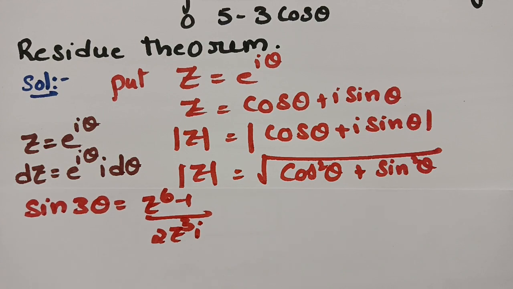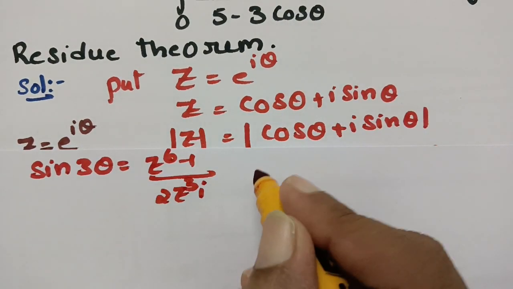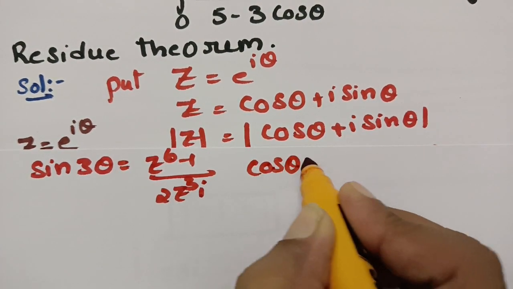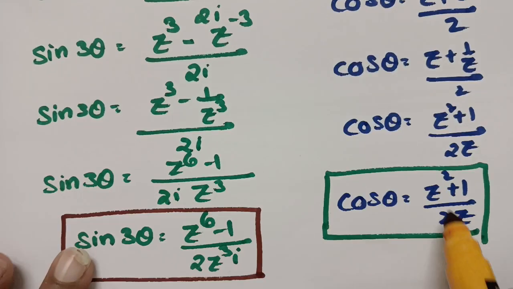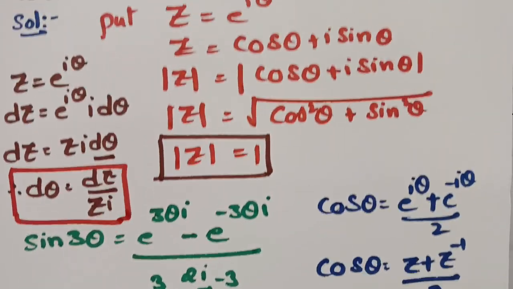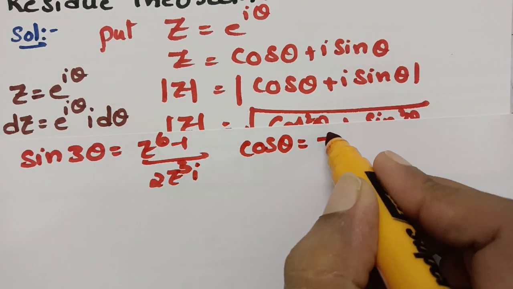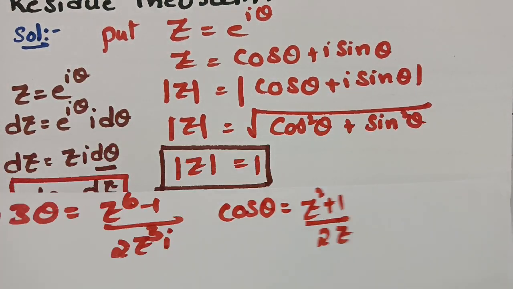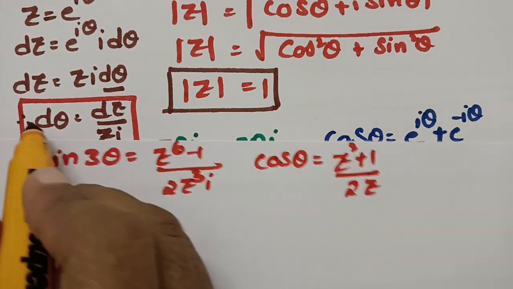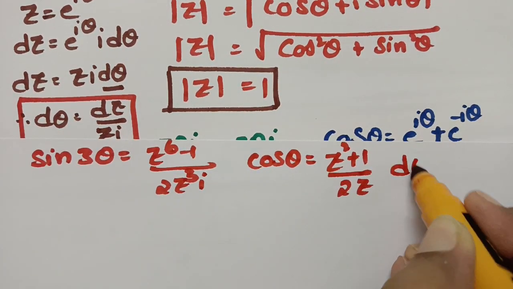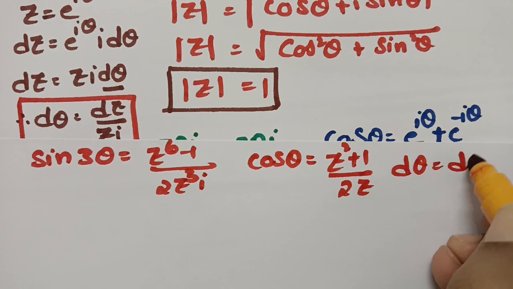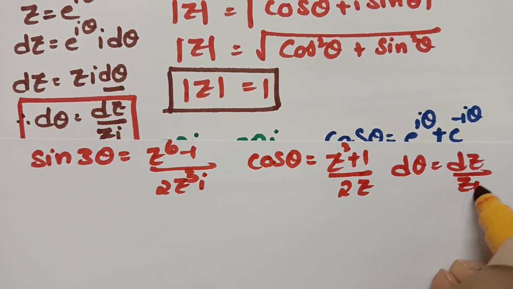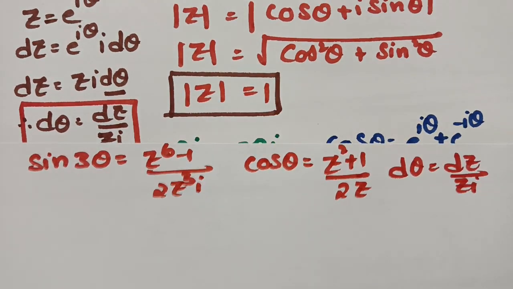The next one is the cos theta value, which is z square plus 1 by 2z. And the d theta value is nothing but dz by zi, and the region here is mod z equal to 1.